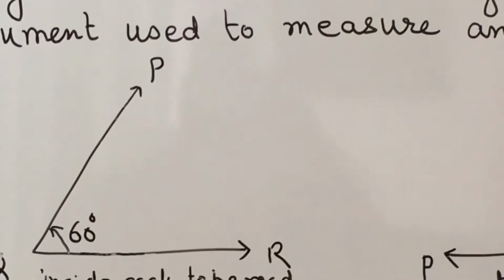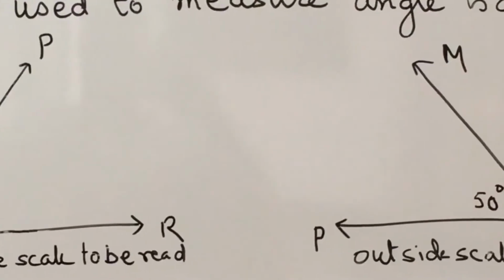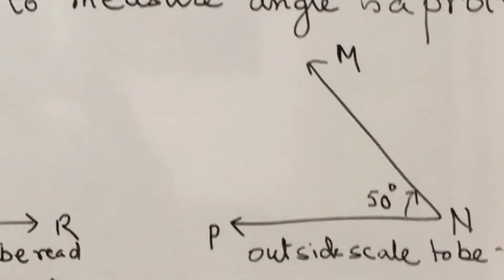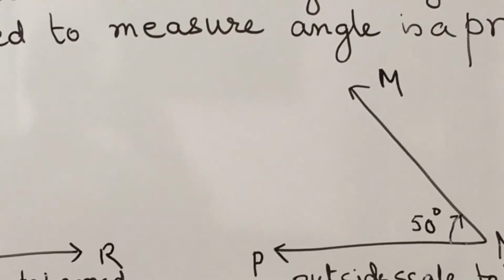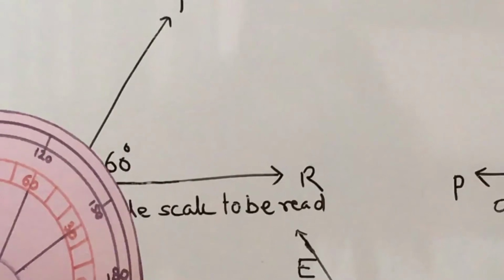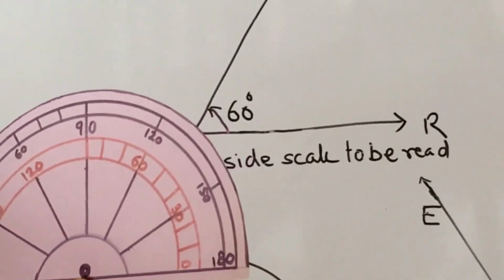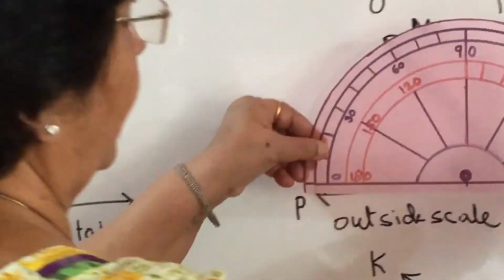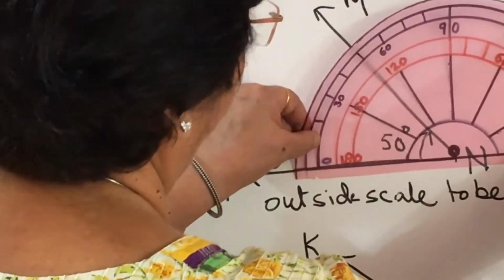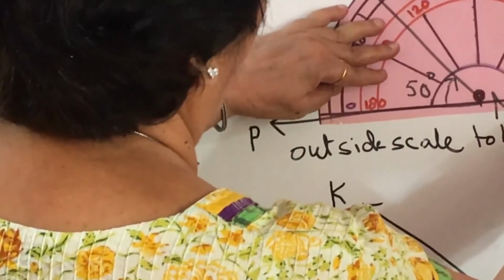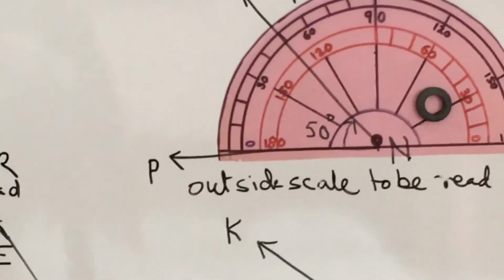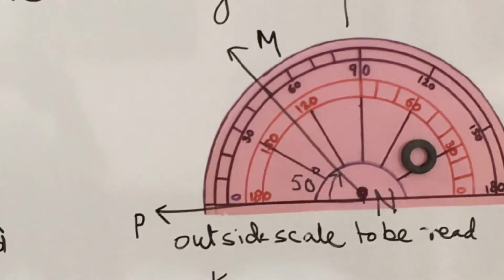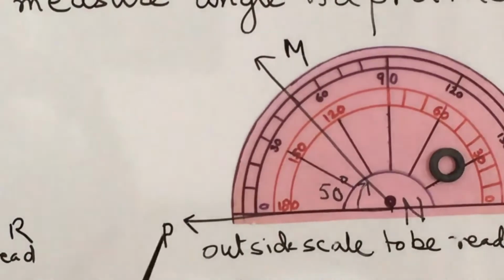Now let's come to the second angle. N is the vertex of the angle, so I place the point N here and the line NP, or say the arm of the angle NP, along this. Now I place it here and read. I am reading angle PNM.